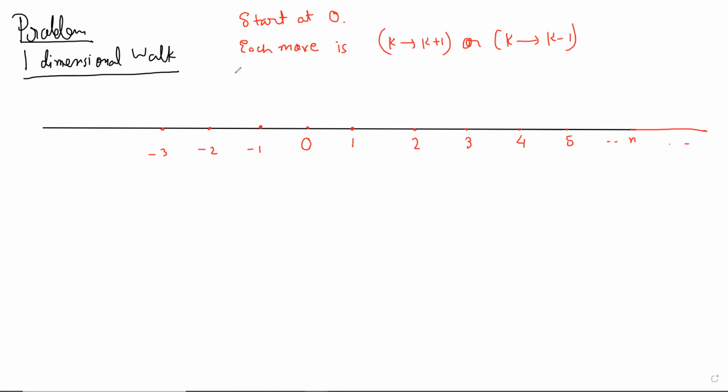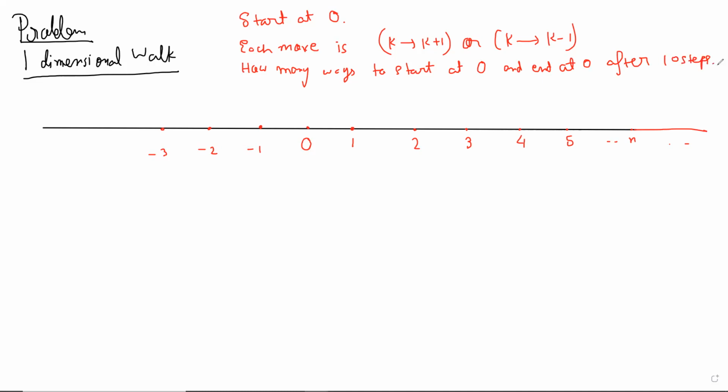Okay. Now the question is, how many ways are there to start at 0 and end at 0 after, let's say, 10 steps?